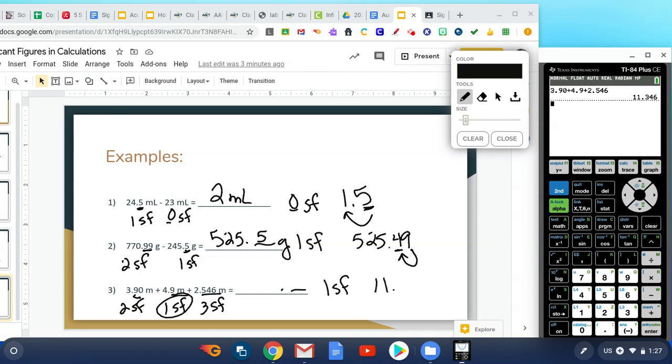So I've got 11.346. I'm going to go ahead and write the 11. I can only have 1 sig fig past the decimal place. The 4 does not cause that to round up. So I'm going to keep it as a 3. And all of my units are meters, so it will stay meters. When I'm adding meters to meters, it's meters. If I multiply meters by meters, it's meters squared. I hope this helps. If you have questions, please let me know.